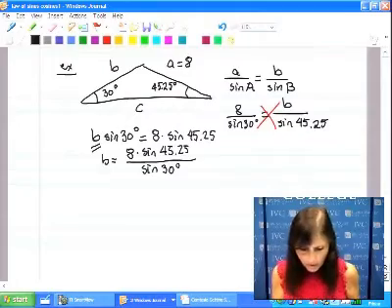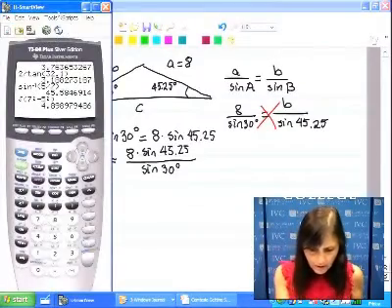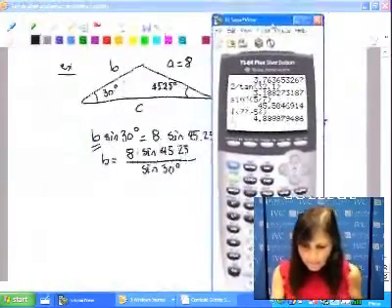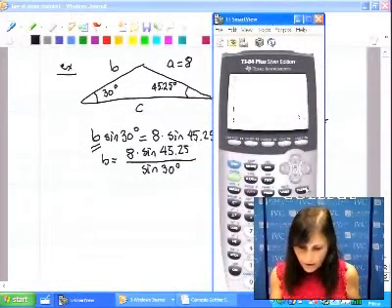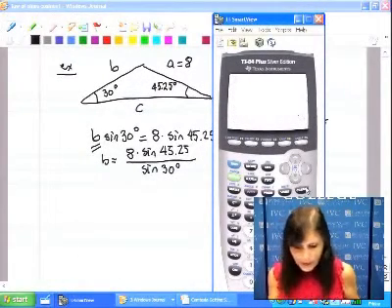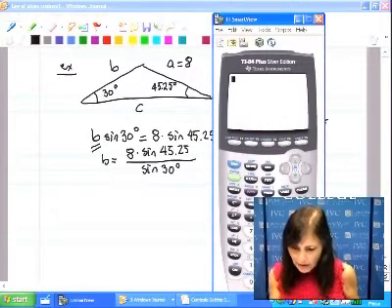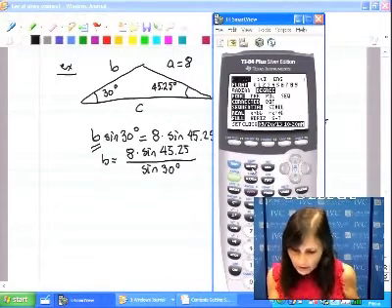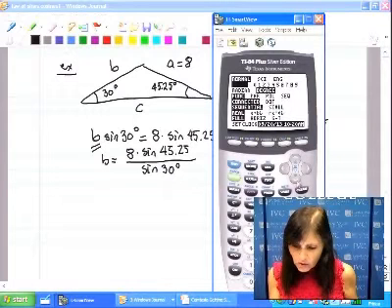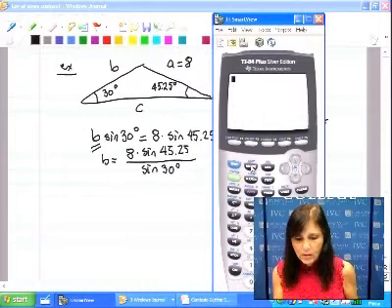So let's go and get our handy dandy calculator. Make sure that you have it set in the degree mode, and that's the third line in here, degree, and it is set to degree mode.